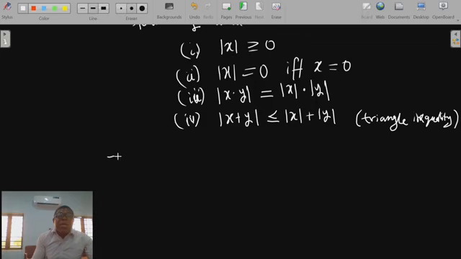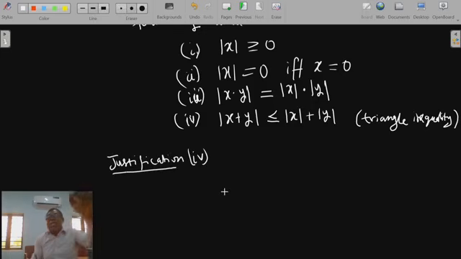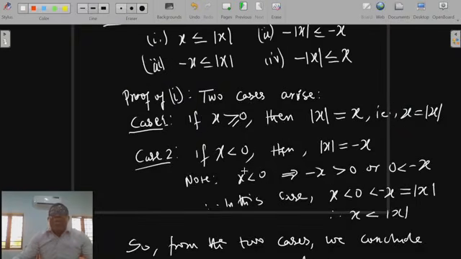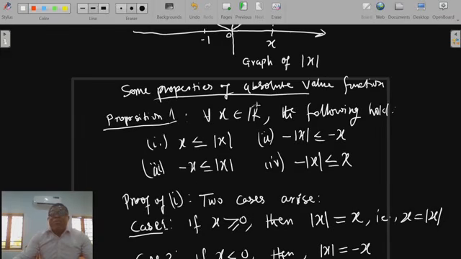So to justify number IV, the whole thing borders on the initial properties we gave. This particular property here is the key.